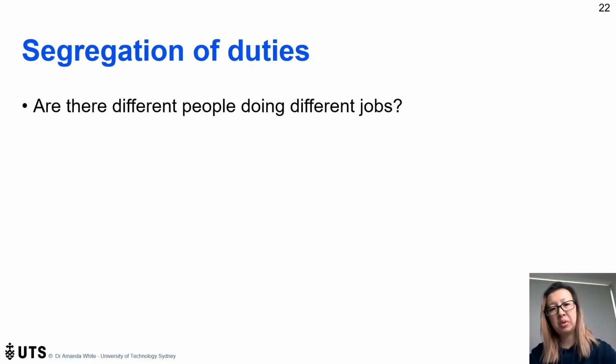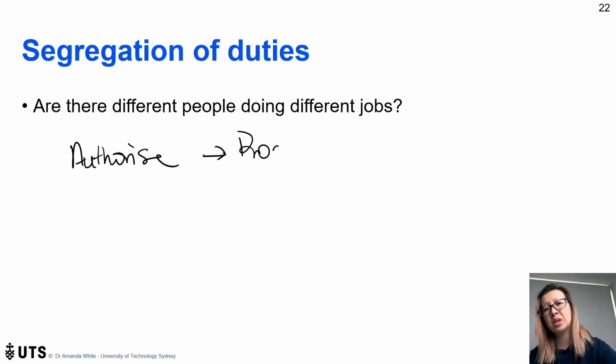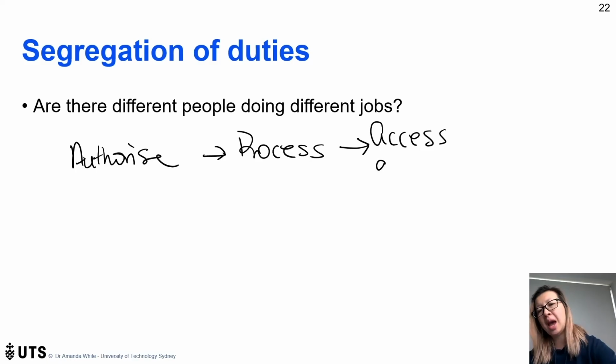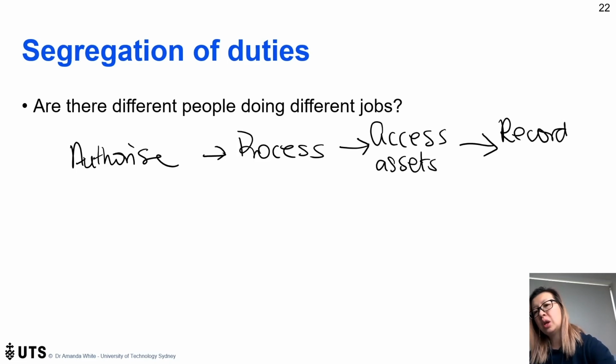The people who authorize a transaction need to be different to the people who process the transaction, need to be different to people who have access to any assets, needs to be different from the people who do the recording or the accounting.